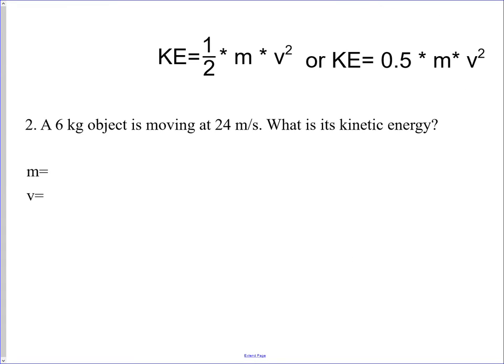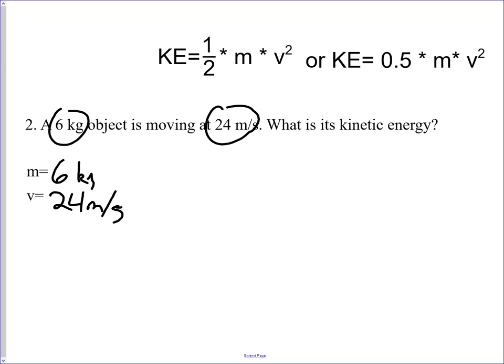Next problem, okay? Let's take a look. A 6-kilogram object is moving at 24 meters per second. What is its kinetic energy? So let's identify what we're looking for and our variables. We have our mass is 6 kilograms. Our velocity is 24 meters per second. And we're looking for our kinetic energy.